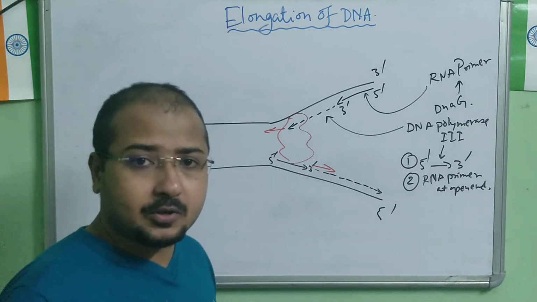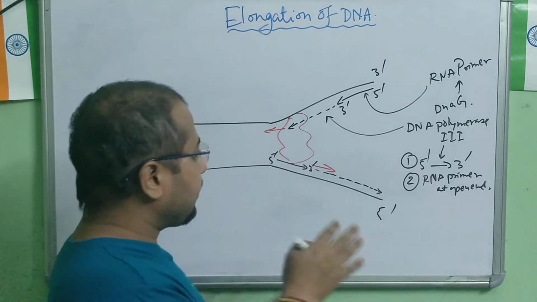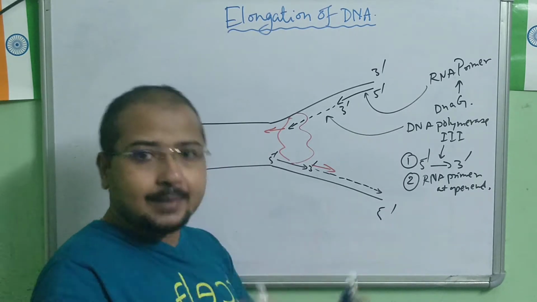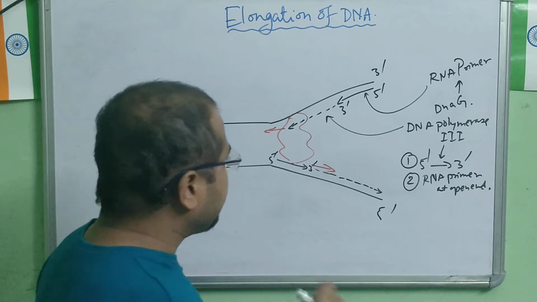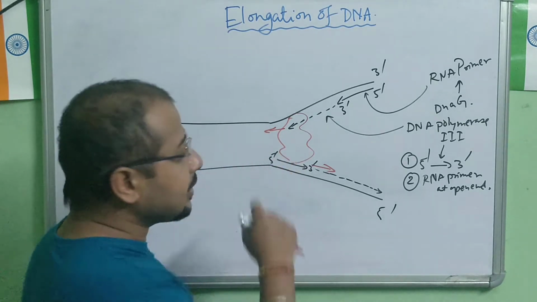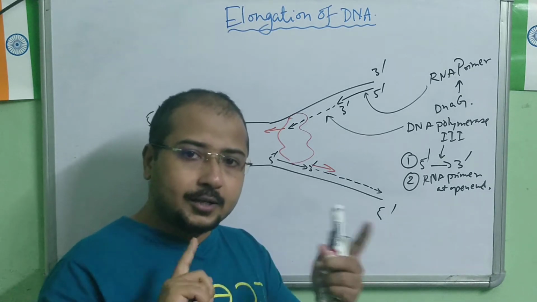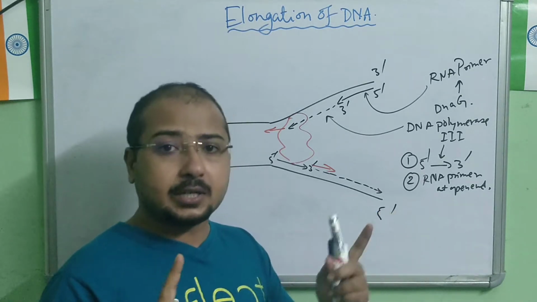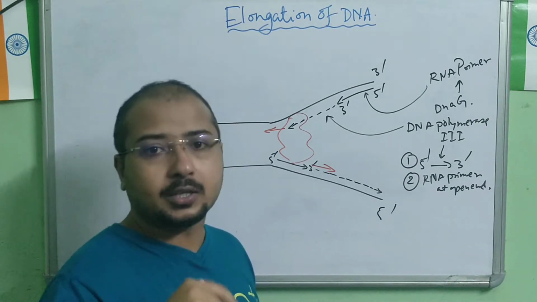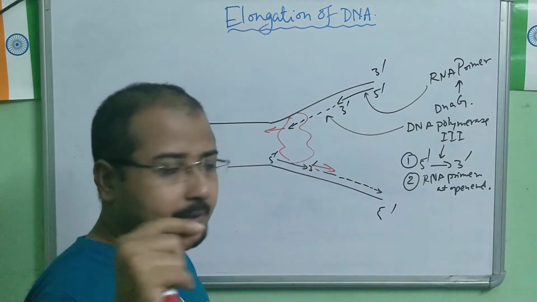This is just not possible for a single DNA polymerase to do the replication process in two opposite directions simultaneously. We know that replication takes place simultaneously on both the strands, but it should be in one direction only. Understood? This principle you have to keep in mind.